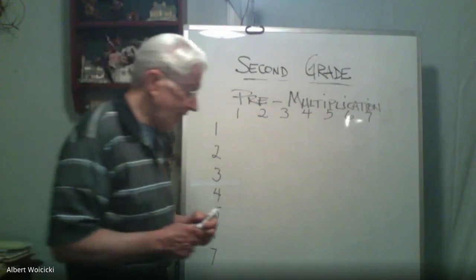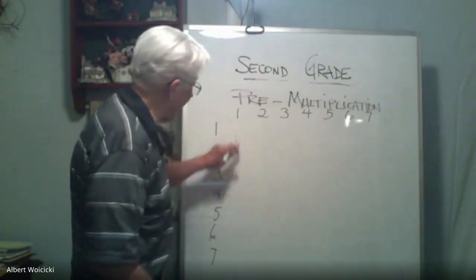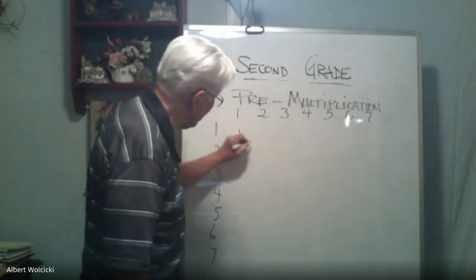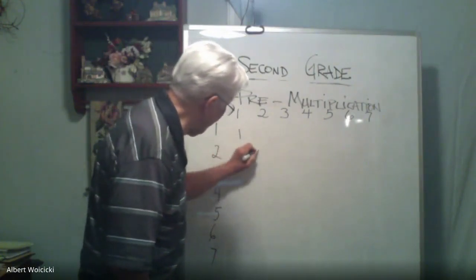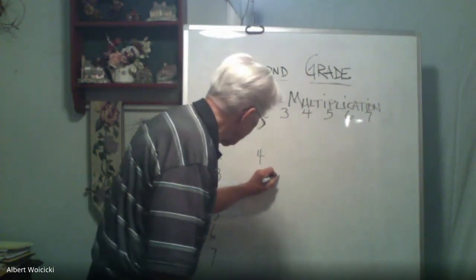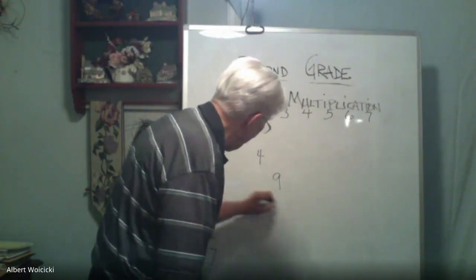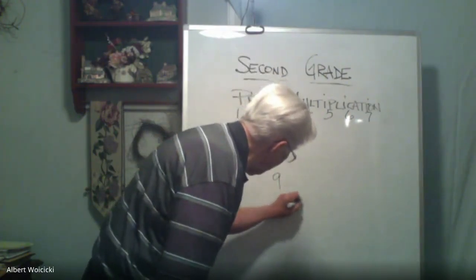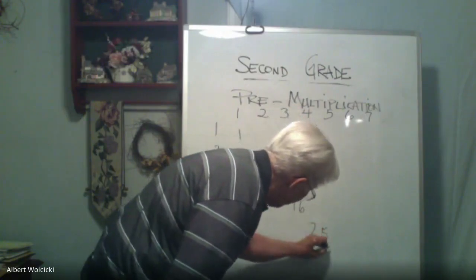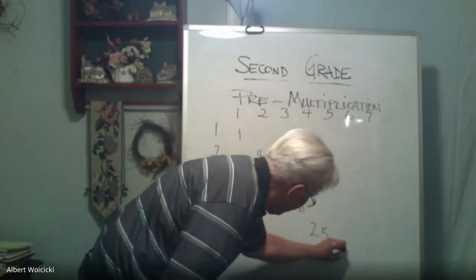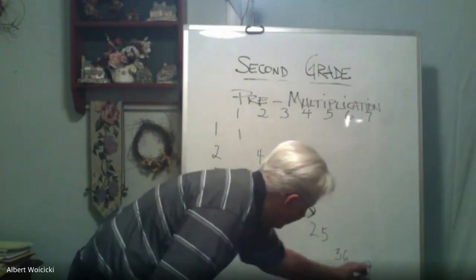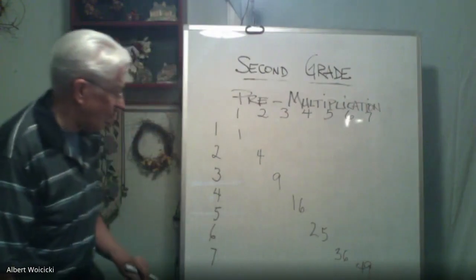But you and I both know that 1 times 1 is 1, 2 times 2 is 4, 3 times 3 is 9, 4 times 4 is 16, 5 times 5 is 25, 6 times 6 is 36, and the last one we have is 49, which is 7 times 7.